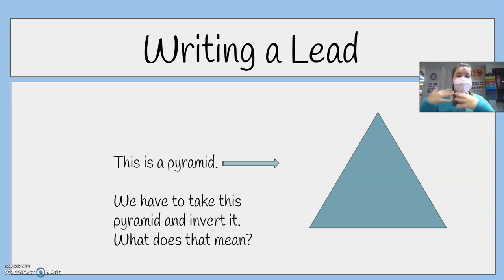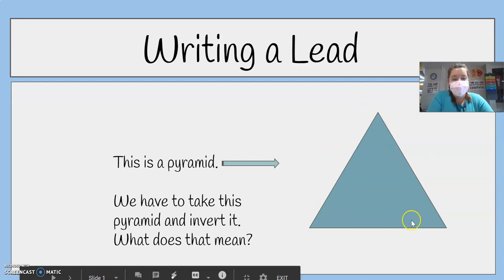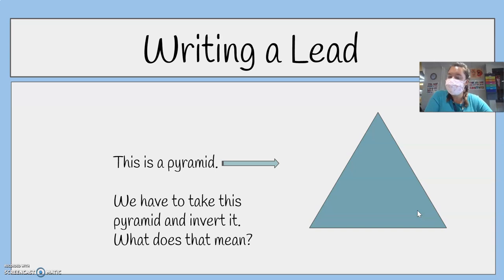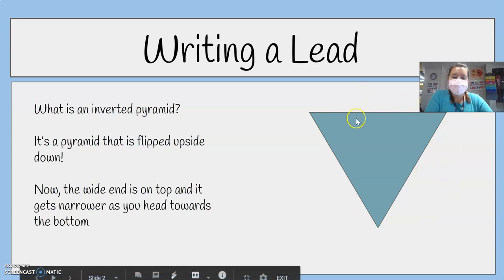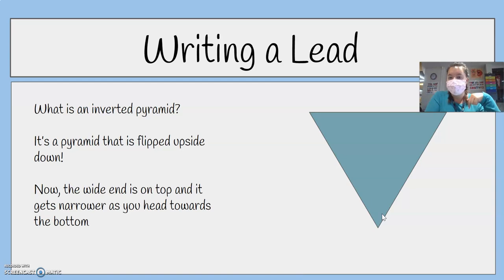And this is how we write one. If we look on the screen, this is a pyramid. The format that we actually use for writing journalism stories is called an inverted pyramid style. That means we take the pyramid and flip it upside down, so the point is facing down, and it gives us a really big base on top.